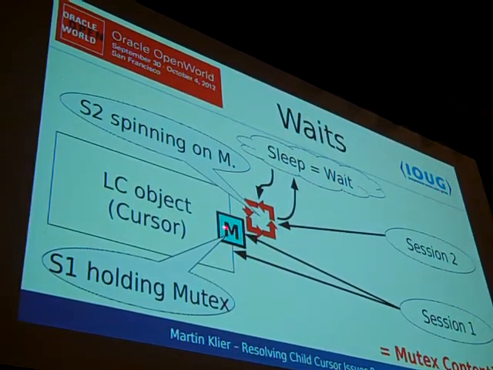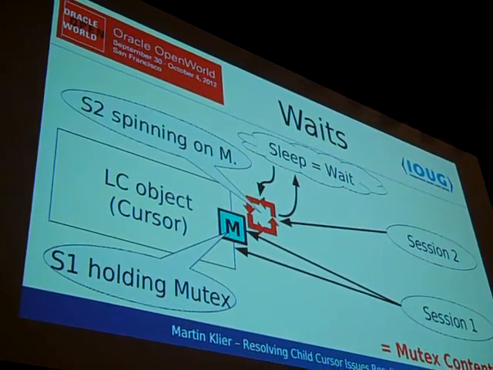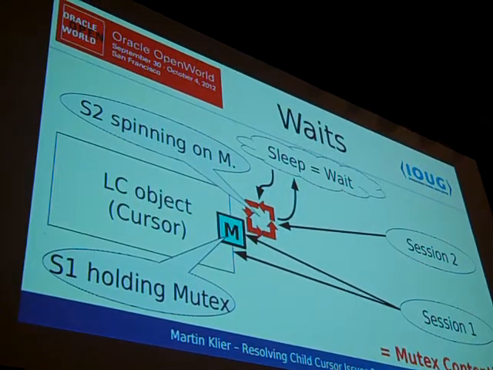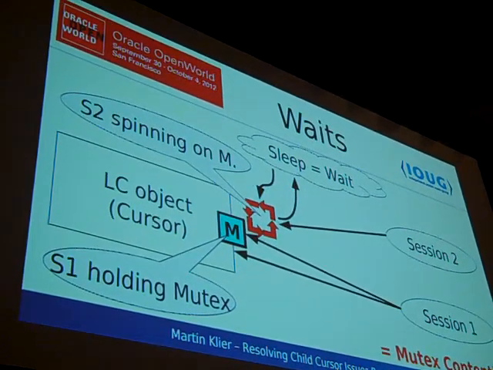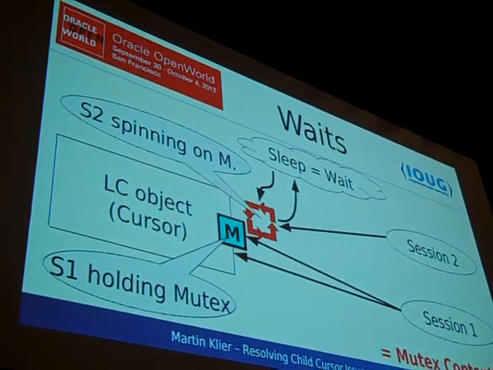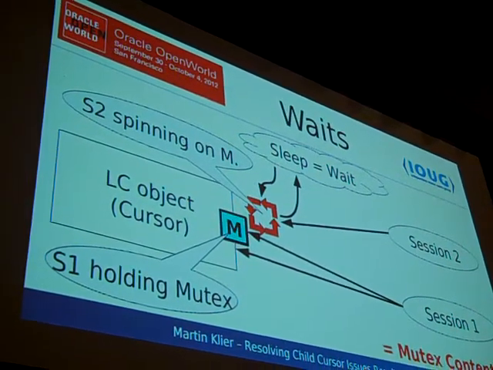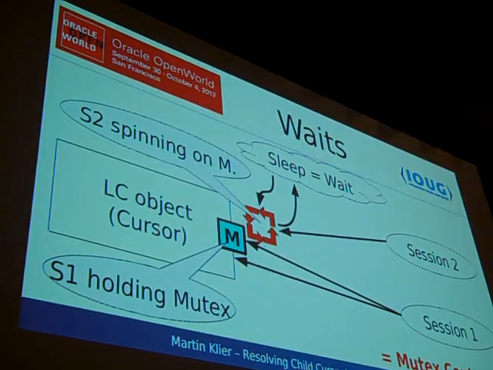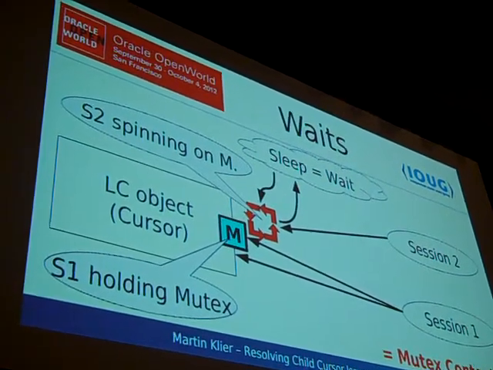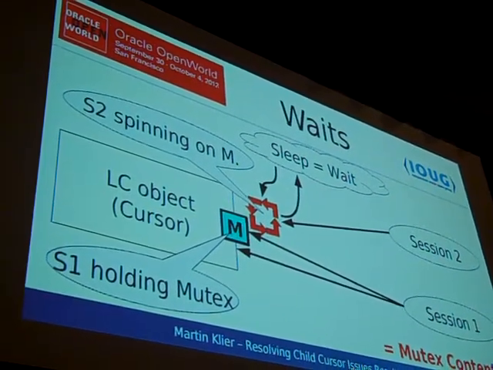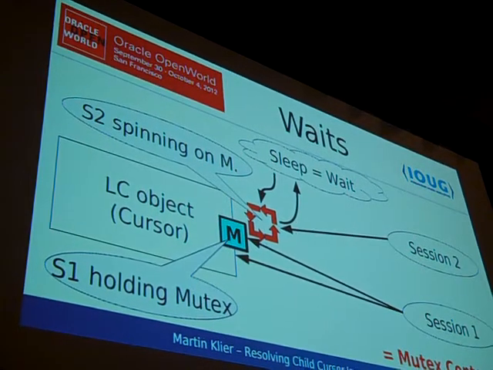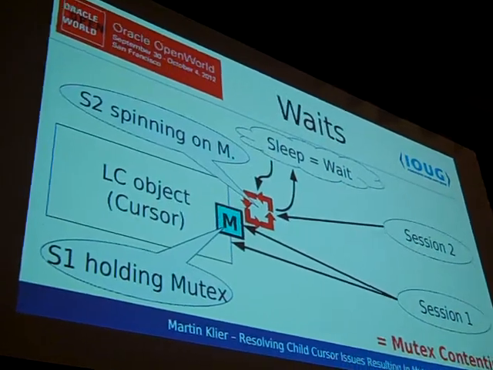If it tries accessing the mutex, it has to spin on the CPU and try. But if session number 1 would release the mutex, session number 2 would like to have it as soon as possible. So it's always spinning on the CPU for that. And if it's spinning on the CPU, it's using the CPU and the CPU is burning, and nobody else can do anything useful with it at the same time. So mutex contentions are basically eating up your resources, and this is why we do not want it.